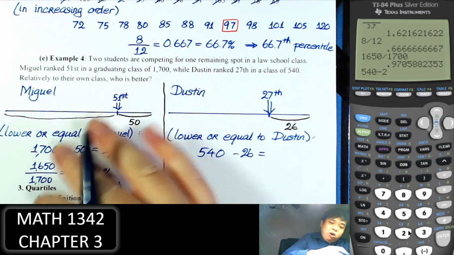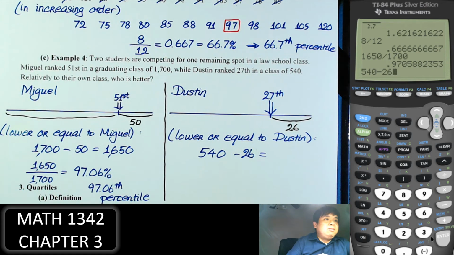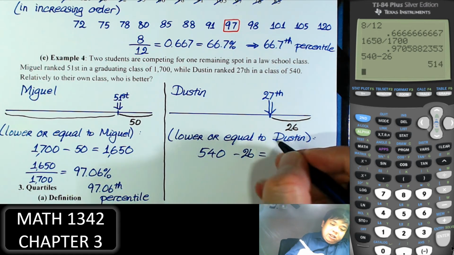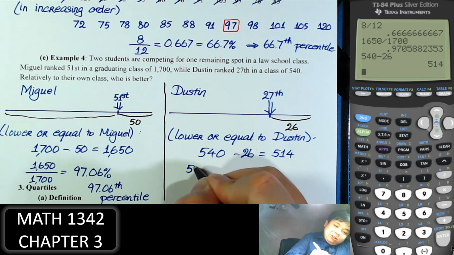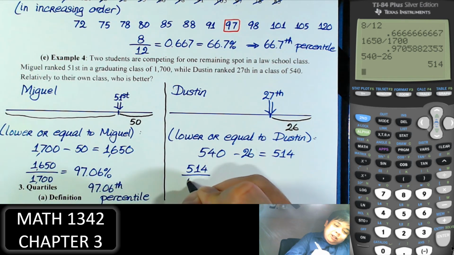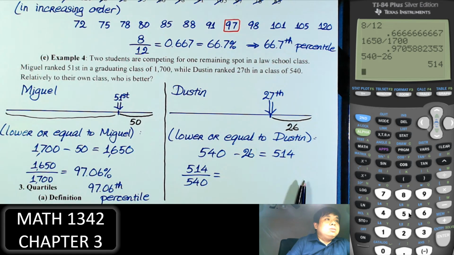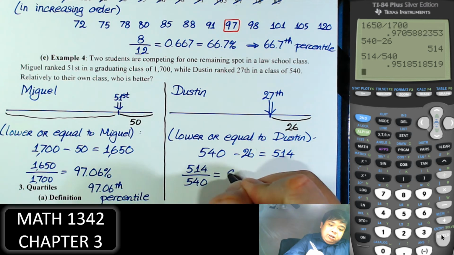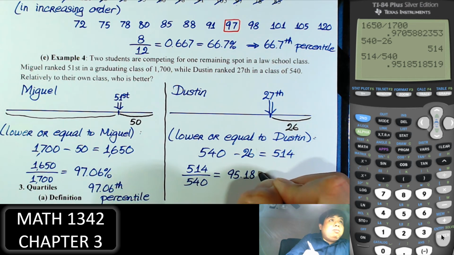So that's why we have to draw this out, and it's easier to see. Minus 26, 514. Divide by 540. 95.19 percentile.